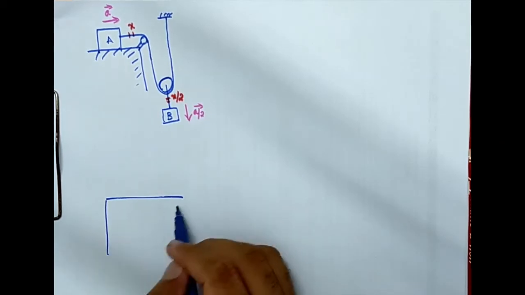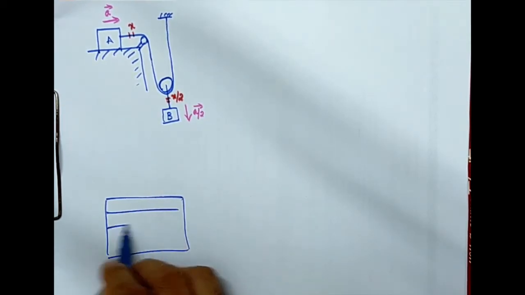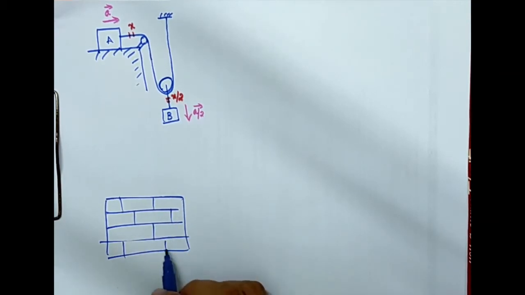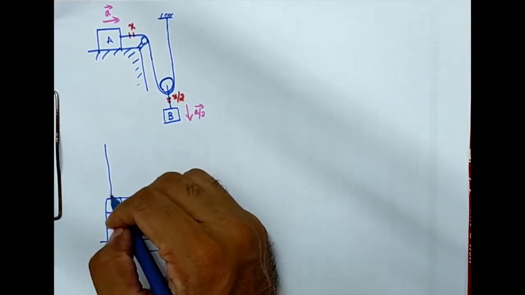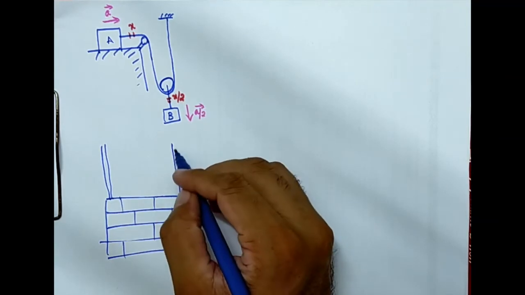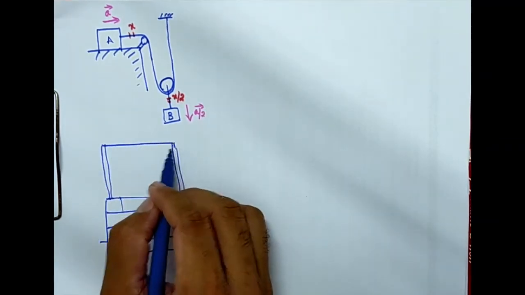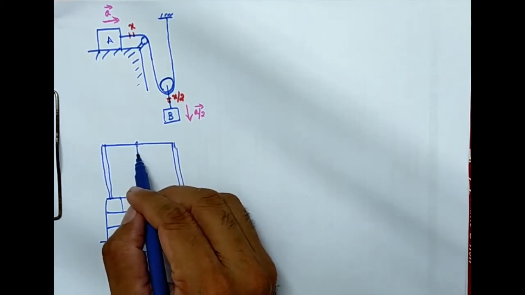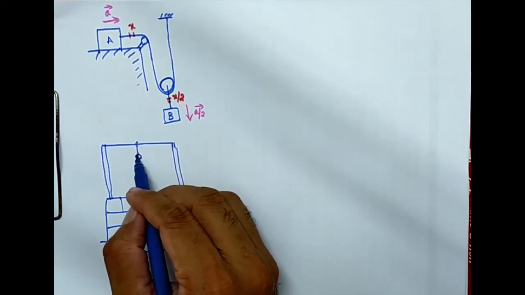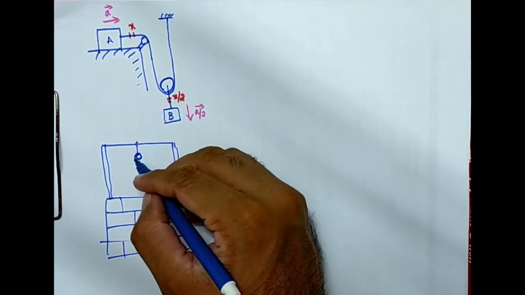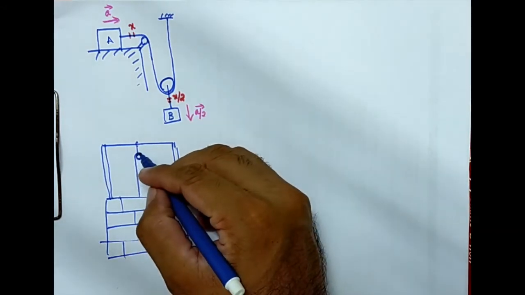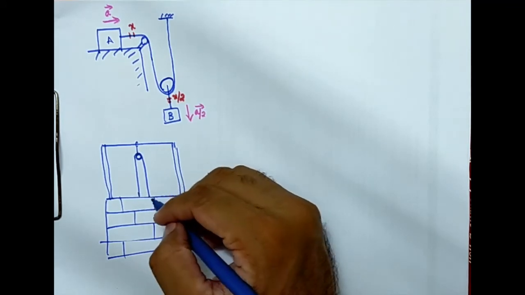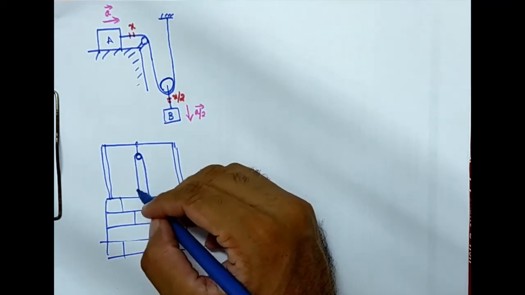So you have a well, and there will be a rod connected here, another rod here, on top also you are going to have a rod, and then there's something like this, and you have your pulley, and the one connected to the bucket, the other one is in your hand.